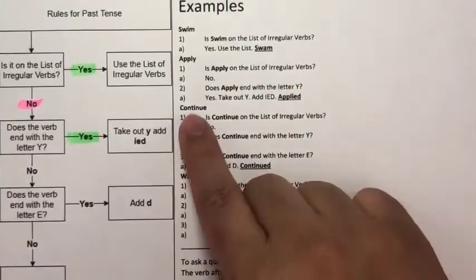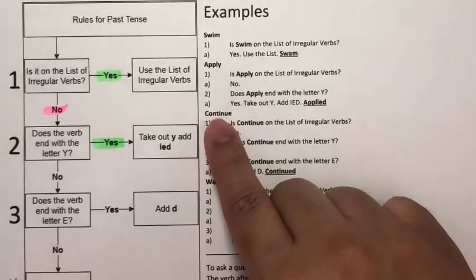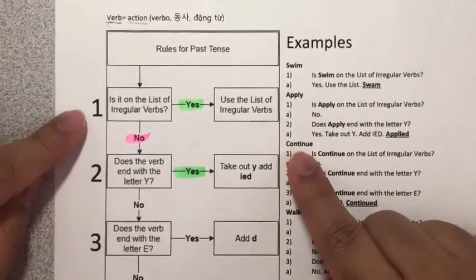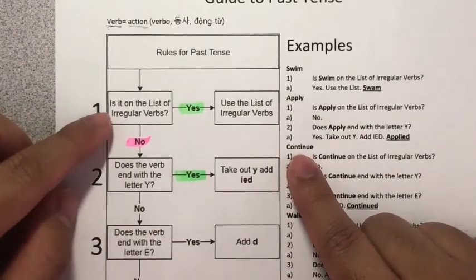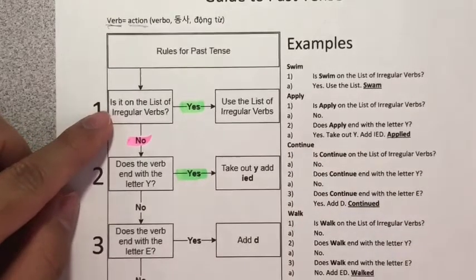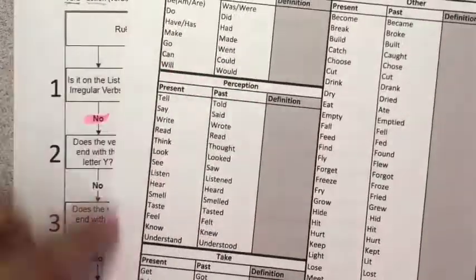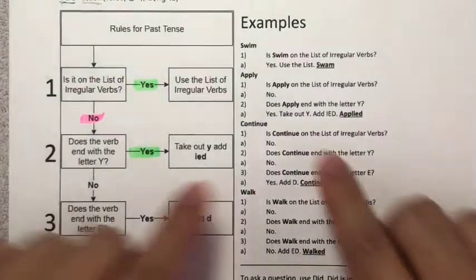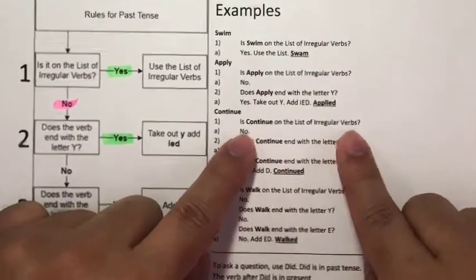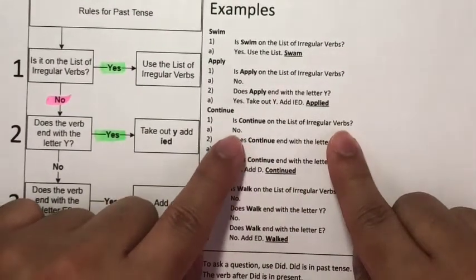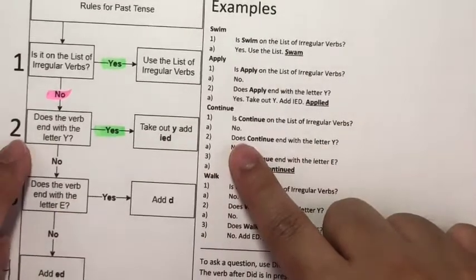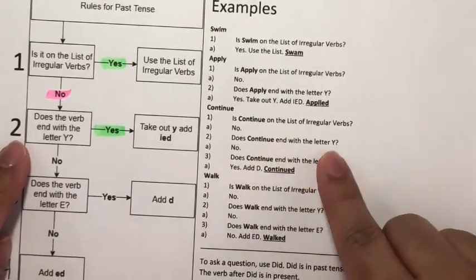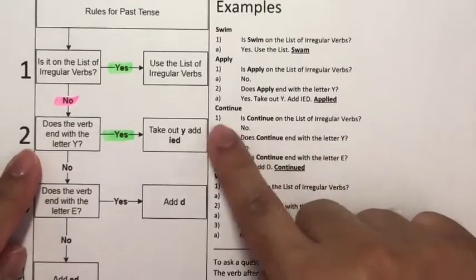Up next, we have the word continue. Okay, so rule number 1. Is continue on the list of irregular verbs? No. Rule number 2. Does continue end with the letter Y?